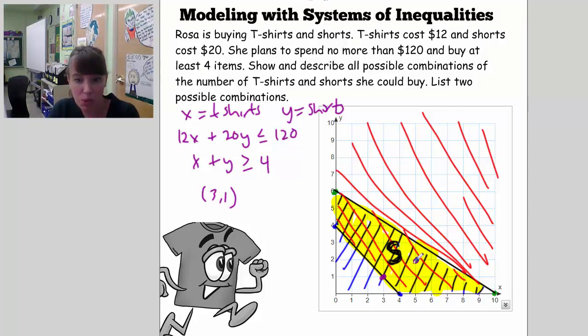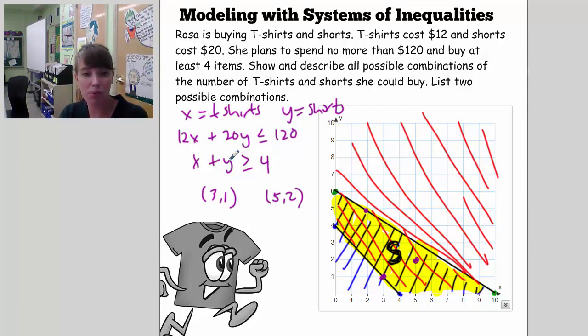A point like this would work, 5, 2. It is true that these two values added together are greater than 4. It's also true that 60 plus 40 is 100, so it's less than or equal to 120. So every value here works. I'm trying to get a value that's right on this boundary line. So 2 and 5, does that work? 2 plus 5 is 7, which is greater than or equal to 4.